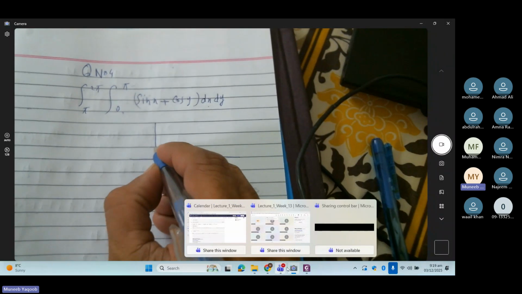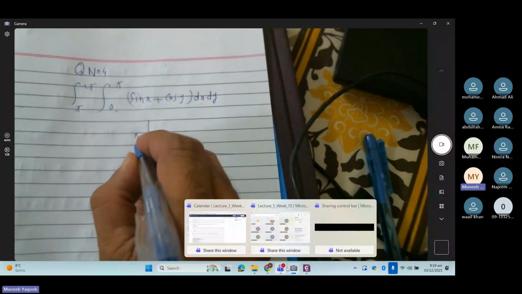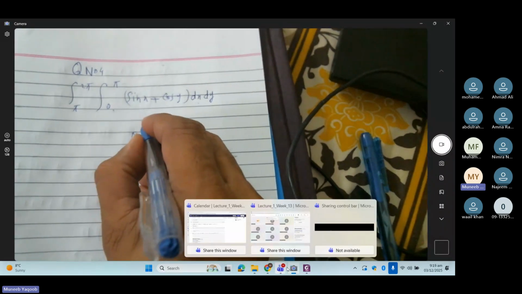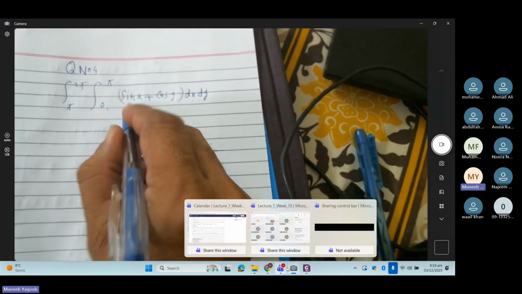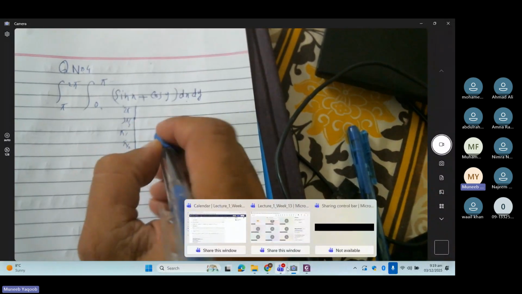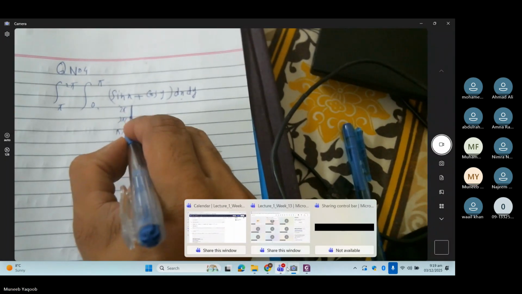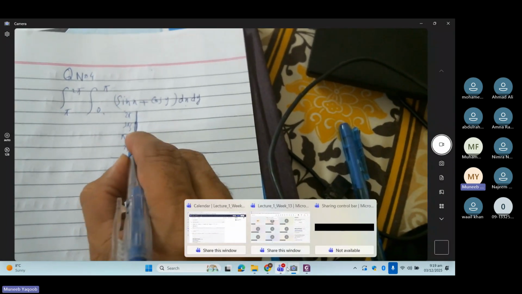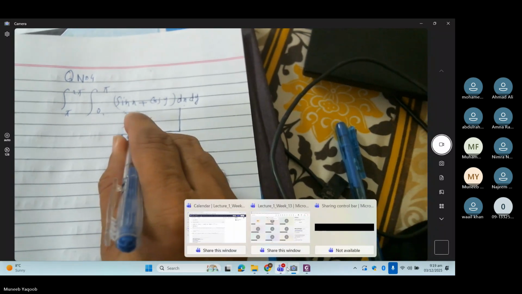So if this is pi by 2, and this is pi, and this is 3 pi by 2, and this is 2 pi. So y is varying from there to there. Okay. So hence our region of integration will be this region.